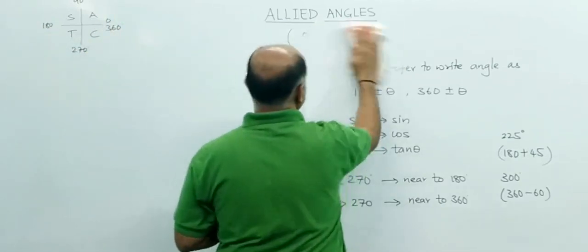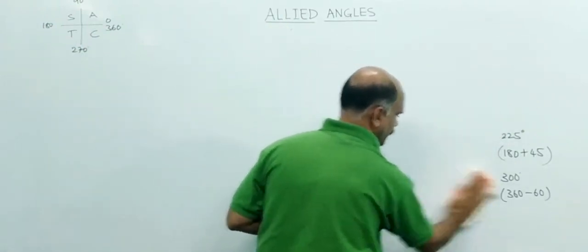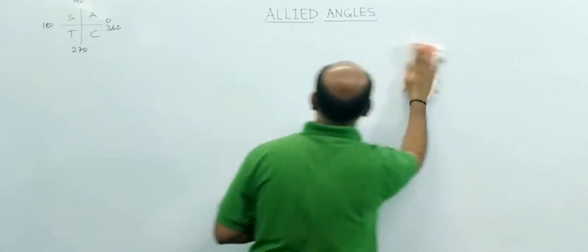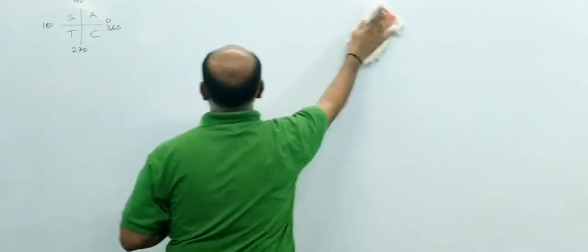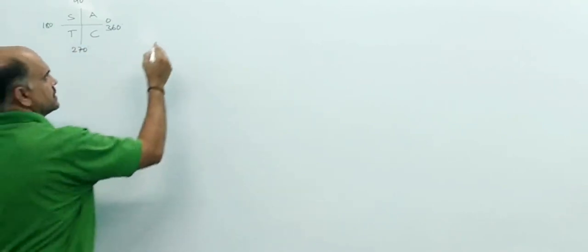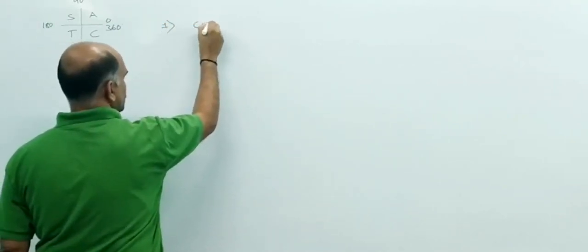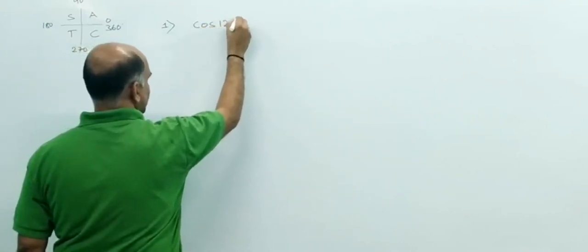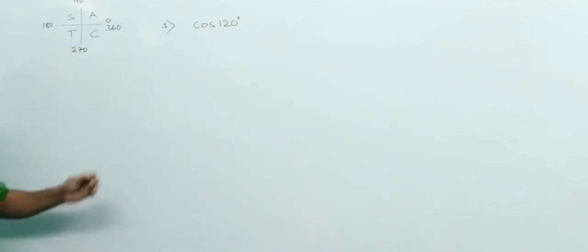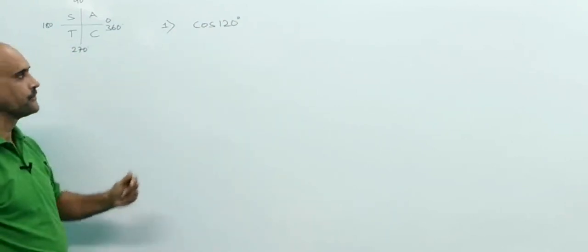So you are required to find the value of trigonometric functions. First I will take the first one: cos 120 degree. You are required to find the value of cos 120 degree.